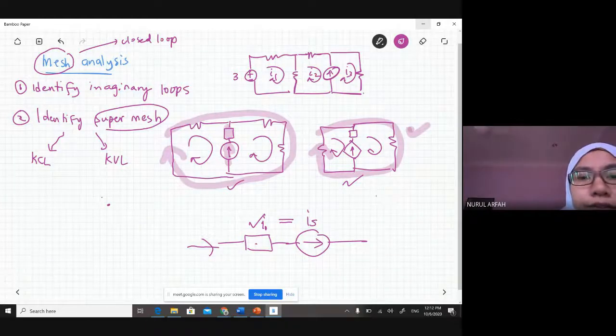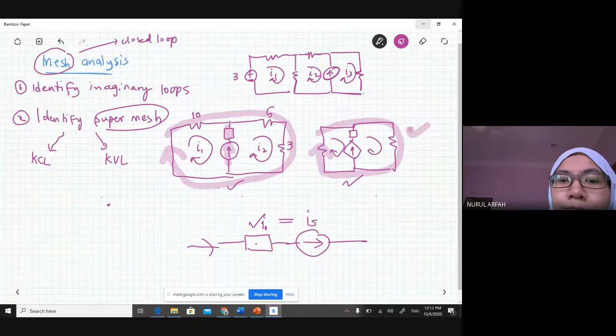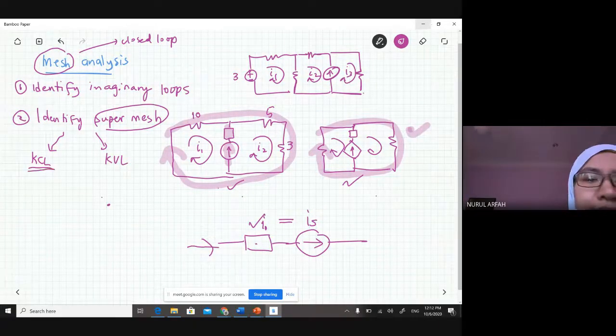If I give some example here, this is 10, this is 5, this is 3, something like this. And this is I1, this is I2. What is the KCL for this super mesh? Can you guess? This is a 5 volt.